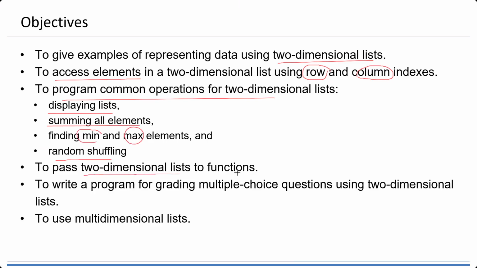Later on, we will look at an example of how to pass the two-dimensional list to a function, and how to write a program with some examples like grading multiple choice questions. And yes, we will take a look at the multi-dimensional list.